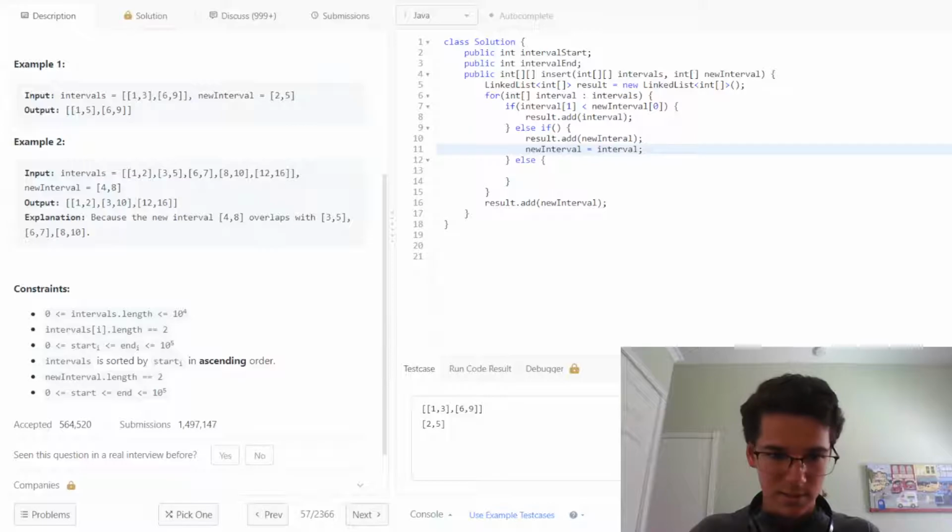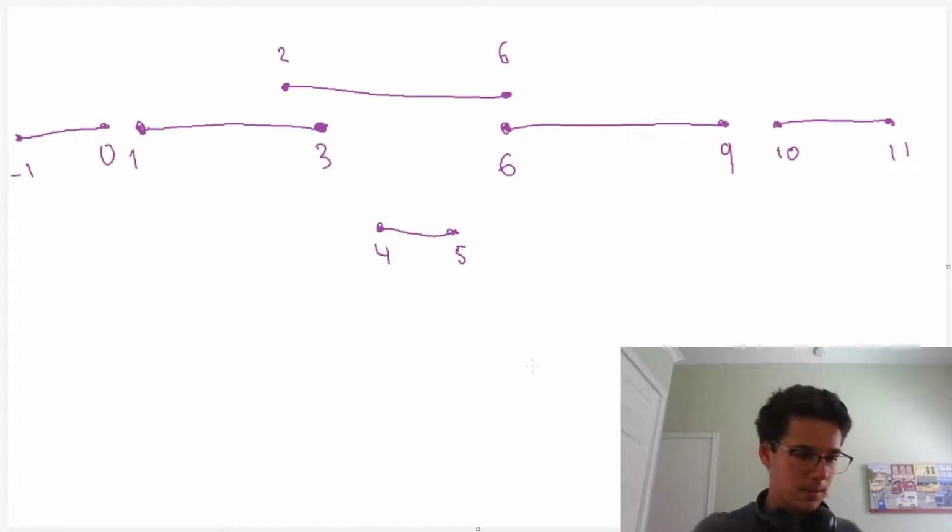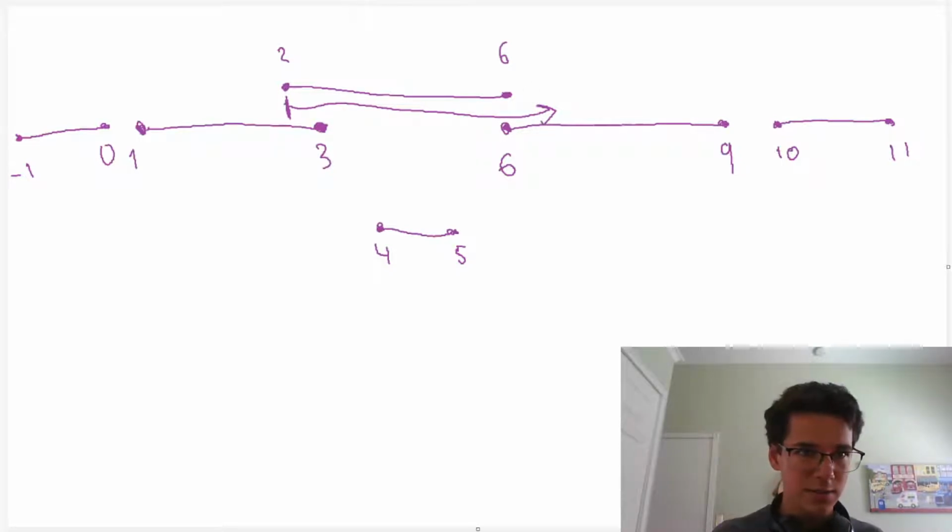So switching back to Paint, if we are at a case like this one right here, and we know that our last value does not come before new interval's first value, and our first value does not come after new interval's last value, then we know we must be overlapping in some way, because this value has to be here at the farthest, and then it can be anywhere over here.